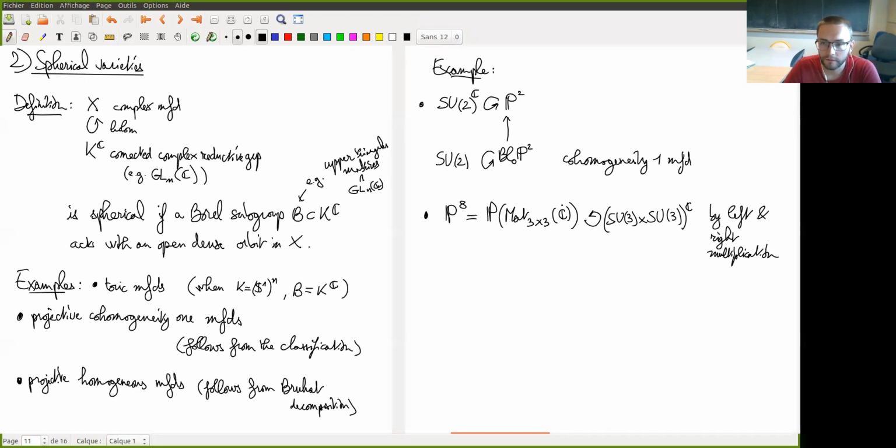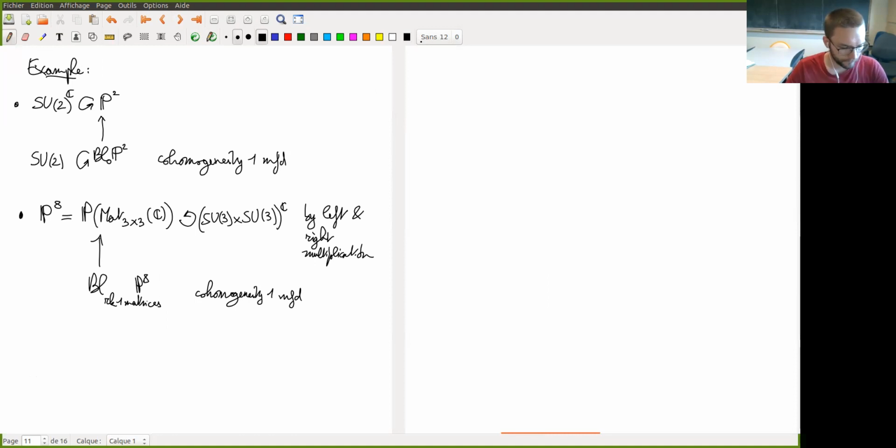So again, this turns out to be a spherical action and actually a cohomogeneity-one action. And again, this may not look interesting, but what I can do is blow up the rank 1 matrices in P^8, and that gives me an interesting example of a cohomogeneity-one manifold, which is not a P^1 bundle. This one was a P^1 bundle over P^1. This one is not.